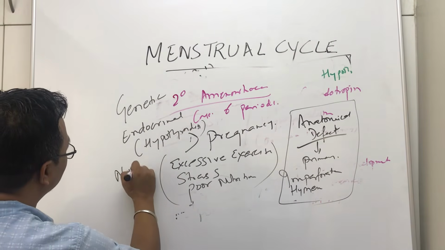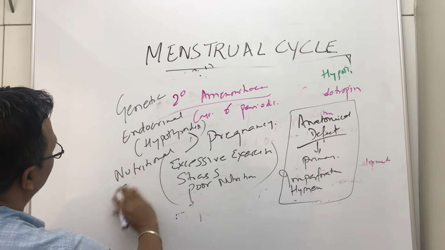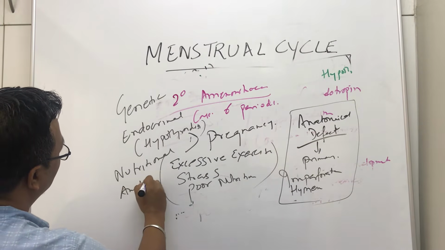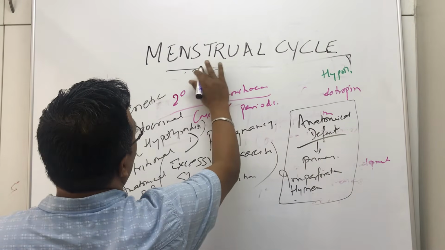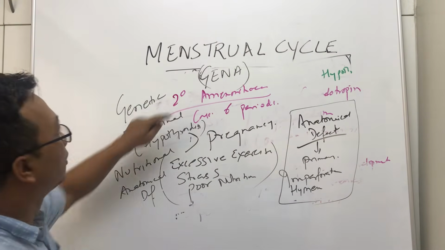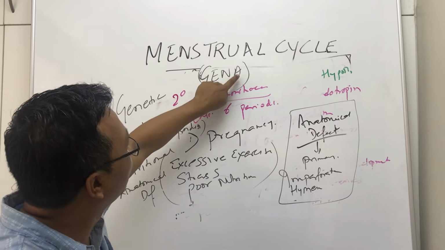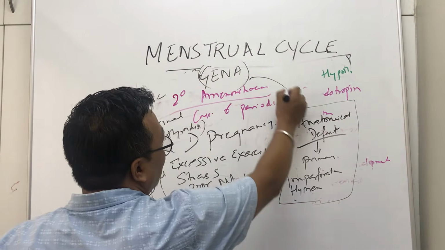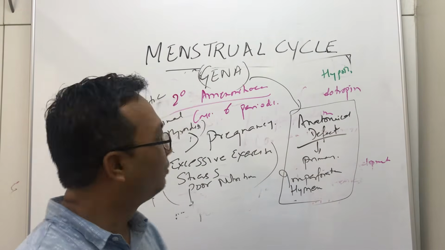Then nutritional status or anatomical defect. So we call that GENA. G for genetic defect, E for endocrinal, N for nutritional, A for anatomical. Anatomical defect like absence of uterus or imperforate hymen. There is some genetical defect.